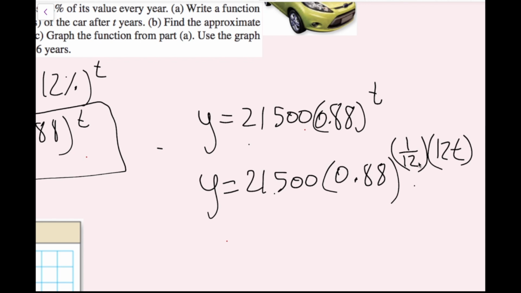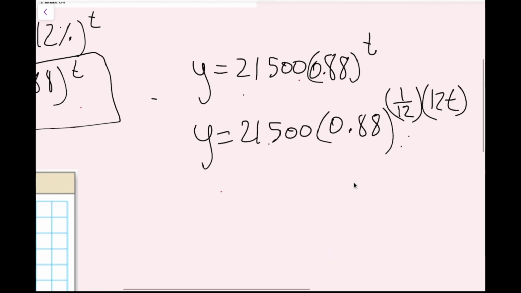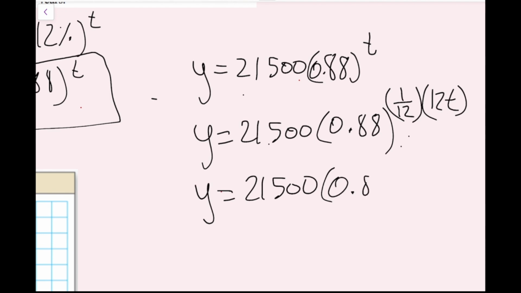And now I'm going to use my exponent properties to rewrite this as y equals 21,500 times 0.88 to the power of 1/12, all to the 12t.